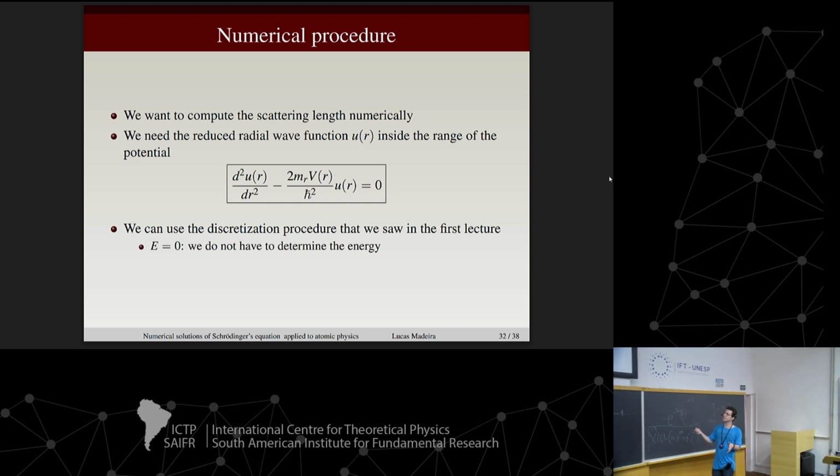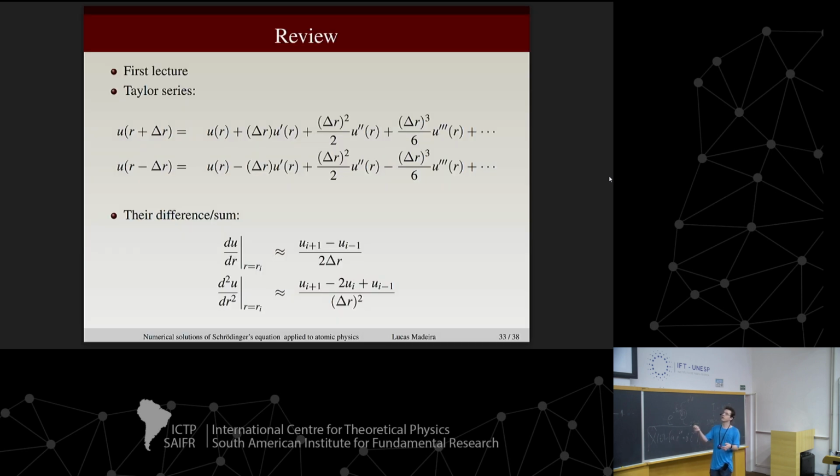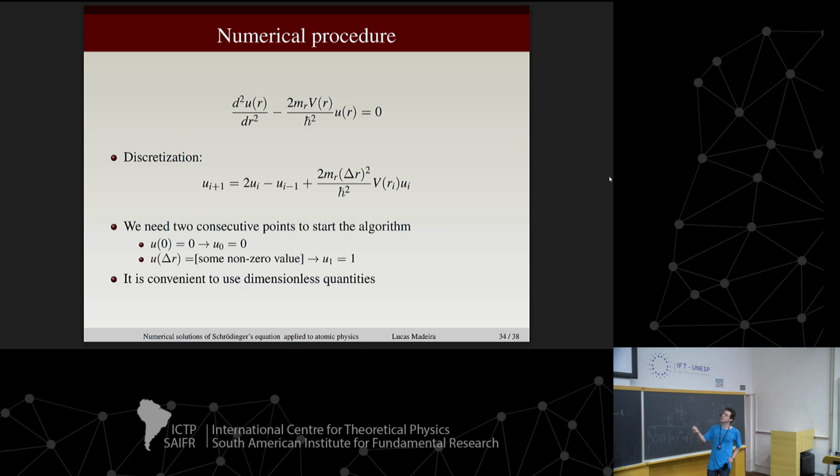And we are going to do the same thing we did in the first lecture. That is, recall, I wrote down 2 Taylor series, right? And by combining them, their difference or sum, they gave expressions for the first numerical derivative and second numerical derivative, right? And I plugged that into Schrödinger's equation, this equation here. And then we got this scheme here that if I know 2 consecutive points, I can calculate the third one.